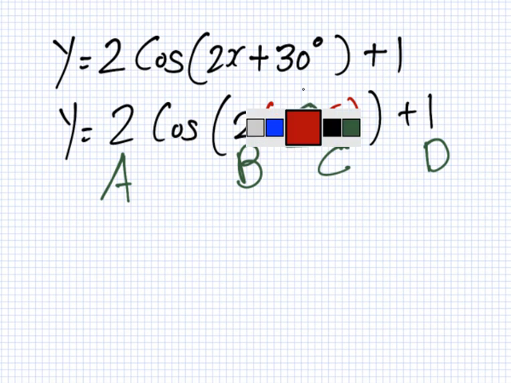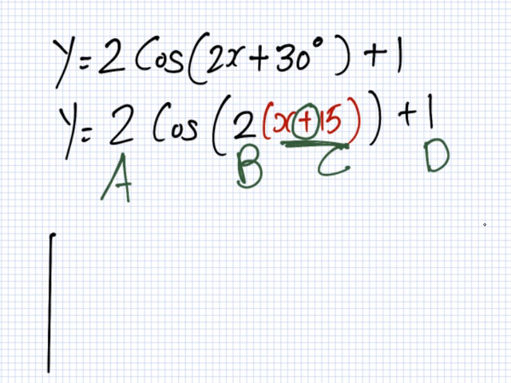Right, let's make the graph now that we have the A, the B, the C, and the D. So step 1 is get the A, the B, the C, and the D. Step 2, I like to make a table. So let me just put a table here.